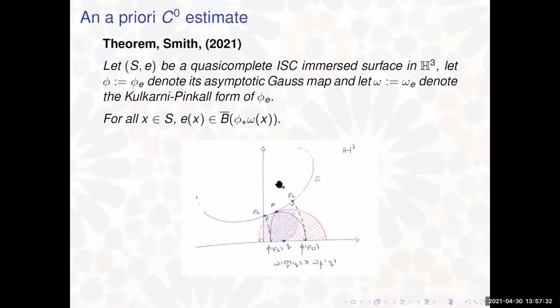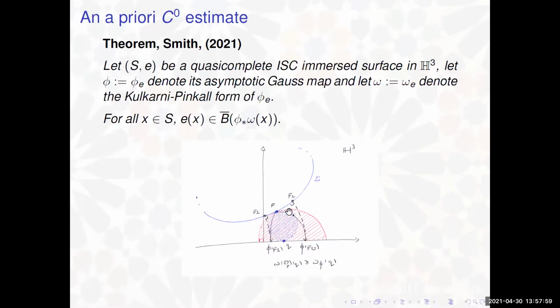So the schematic of the proof is shown in this diagram here. Once again, it's disturbingly simple once you put everything together the right way. So I have my surface sigma. I take a point. I look at the tangent plane, the totally geodesic plane tangent to sigma at that point.